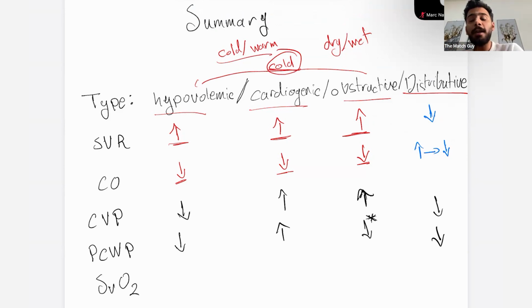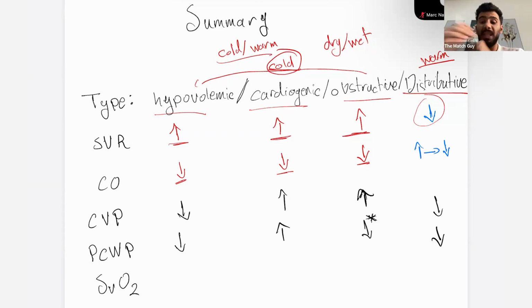In distributive shock, the systemic vascular resistance is actually low, which means that the blood vessels are dilated, and this means that there's a lot of blood going through the extremities. When you touch the patient's extremity, the patient is warm. They're going to tell you the skin is warm and flushed. That is a warm type of shock. So this is the first clinical description, cold versus warm. And the second thing is dry and wet.